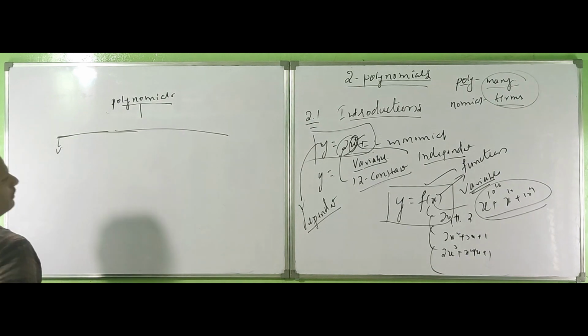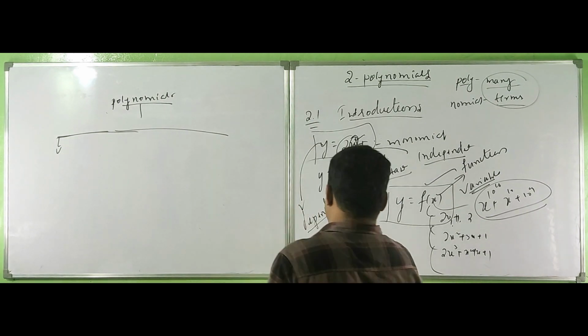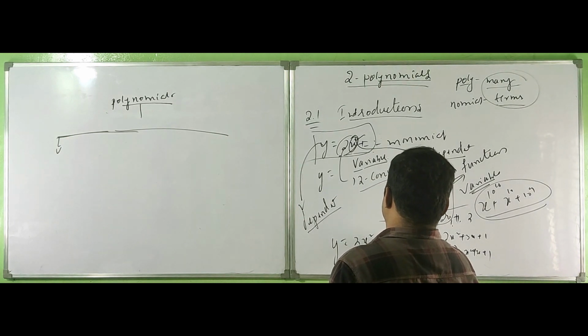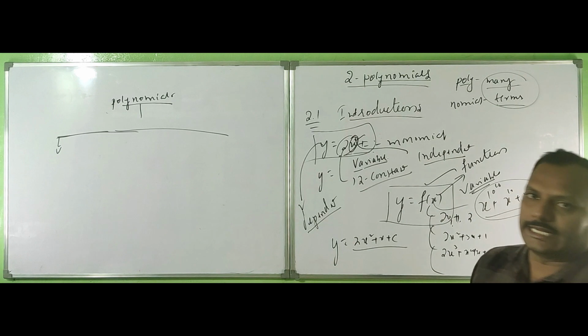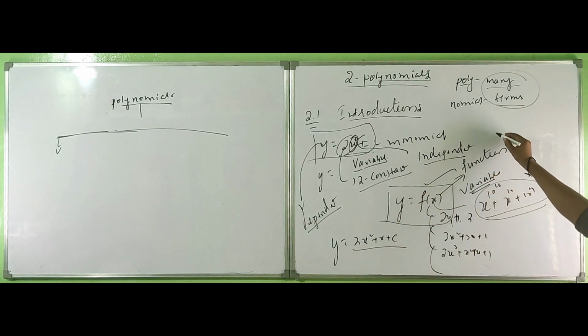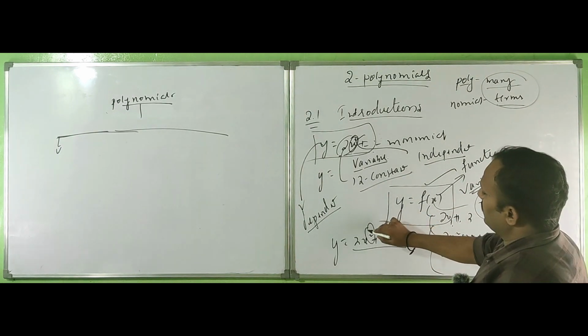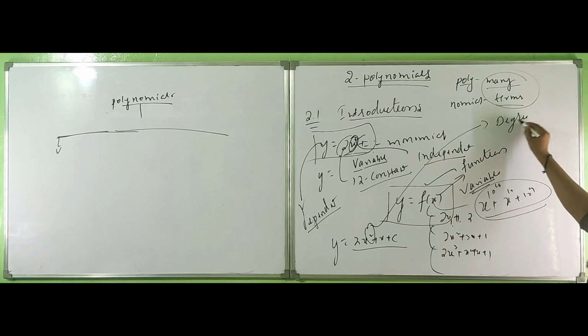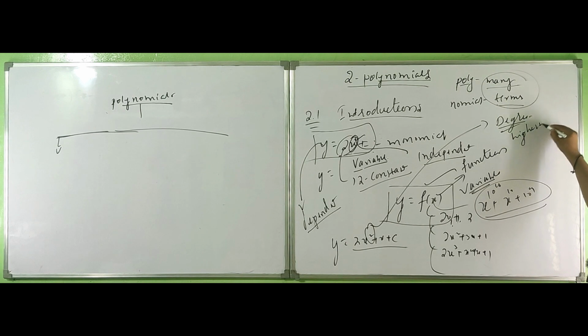If y is equal to 2x square plus x plus c, what is degree? The degree of the equation, or degree of the polynomial, is the highest power on the variable, here called x.